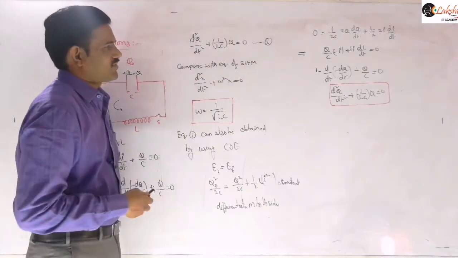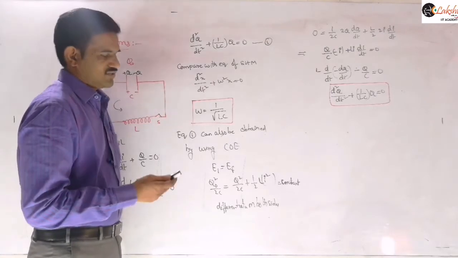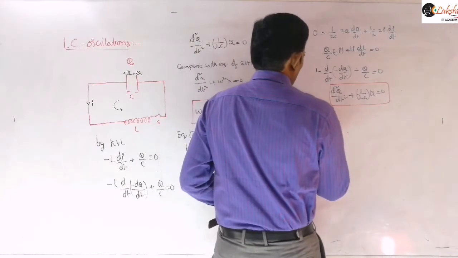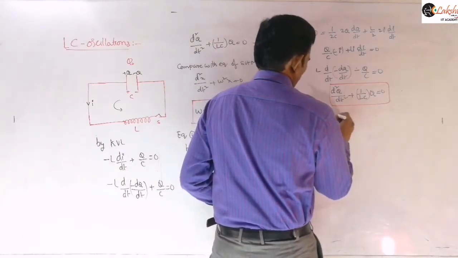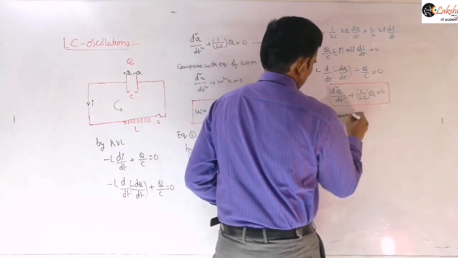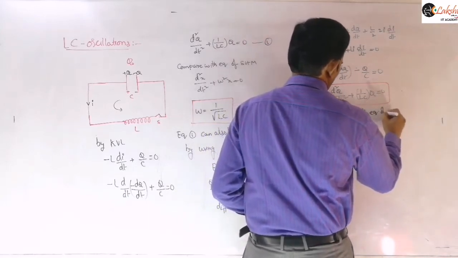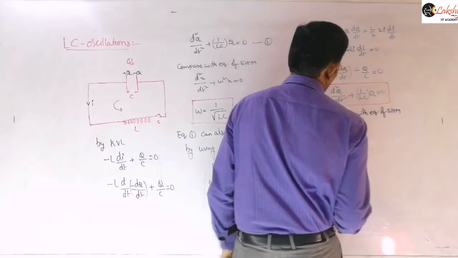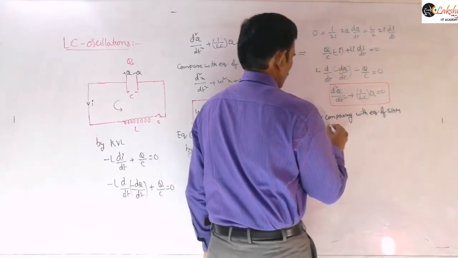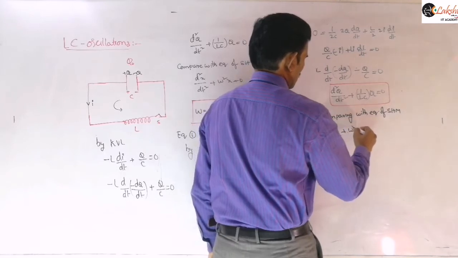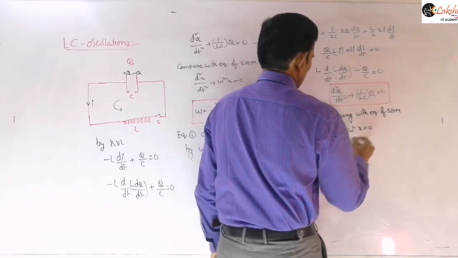Then after that our procedure is to write an expression for this q. Again we need to write by comparing with the equation of SHM, that is d square x by dt square plus omega square into x is equal to 0.